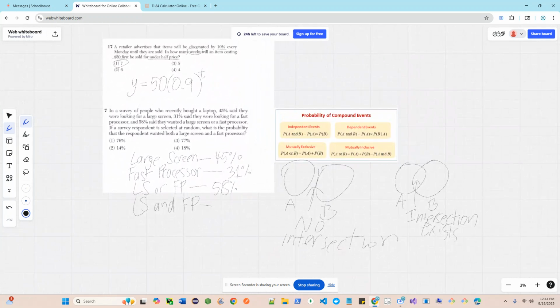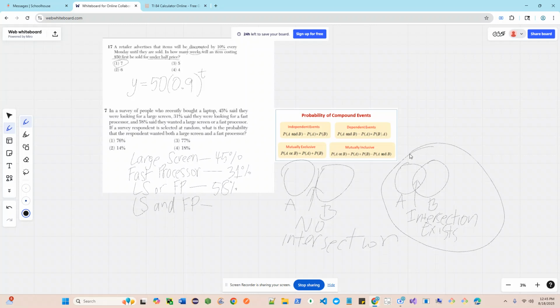All right. So here it appears there is event A or B, large screen or fast processor is 58%. That means we do have an intersection. There are people who prefer large screen and a fast processor. We are dealing with mutually inclusive events. So let me circle what we're dealing with. We're dealing with this scenario.